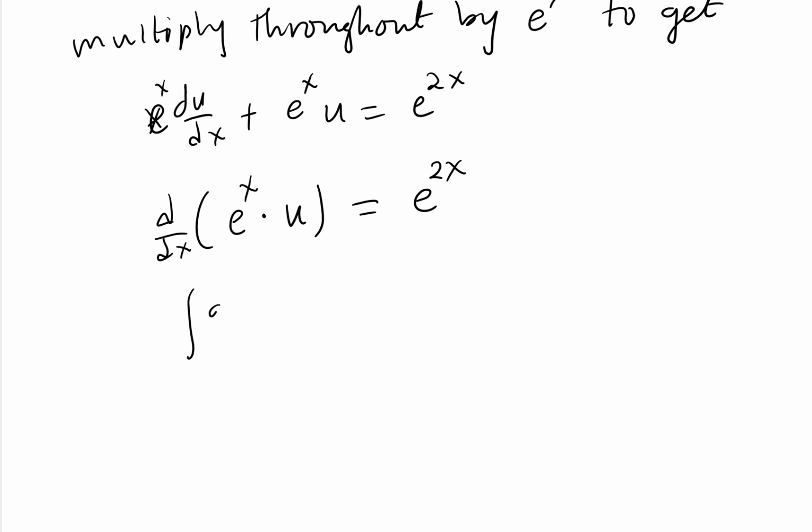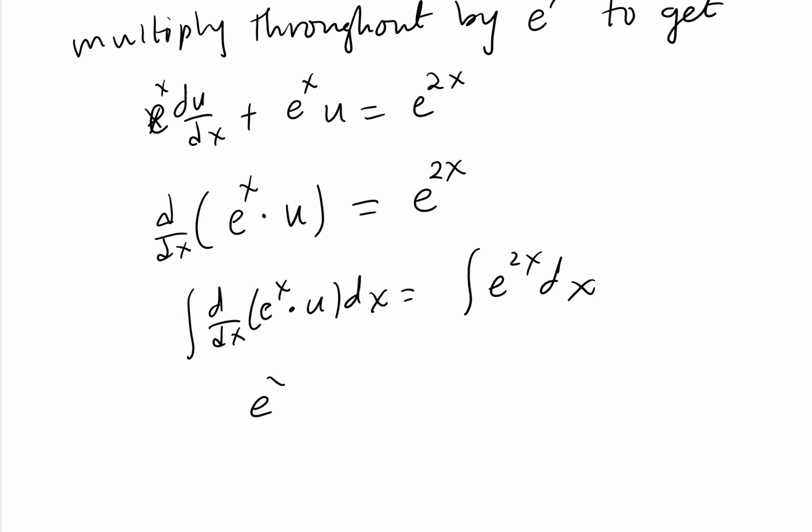Then we integrate both sides. On the left, the integral drops the derivative. On the right, the integral of e to the 2x is 1/2 e to the 2x, using the u sub u equals 2x, plus a constant c.